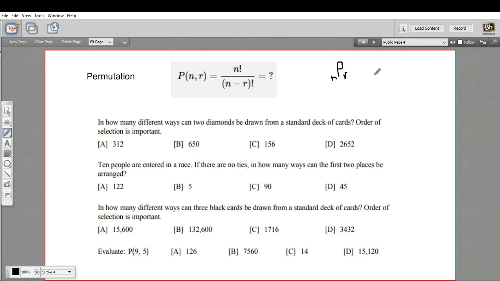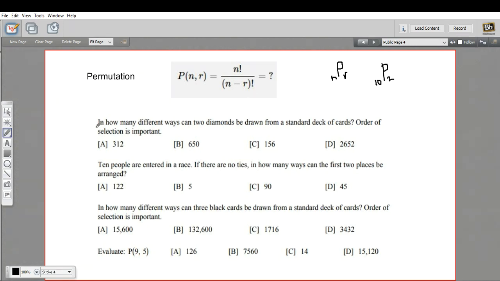So if you were choosing two people out of a group of 10, you'd see it written like this. But oftentimes it's just in these parentheses. The formula for this is n factorial divided by n minus r factorial. So the numbers can get pretty big depending on how big the numbers are you start with, but it's all something that you should be able to calculate pretty easily.